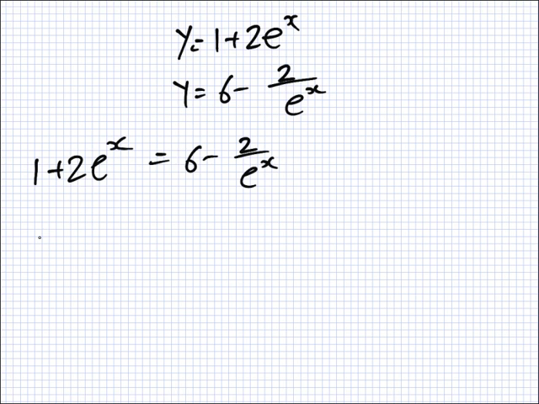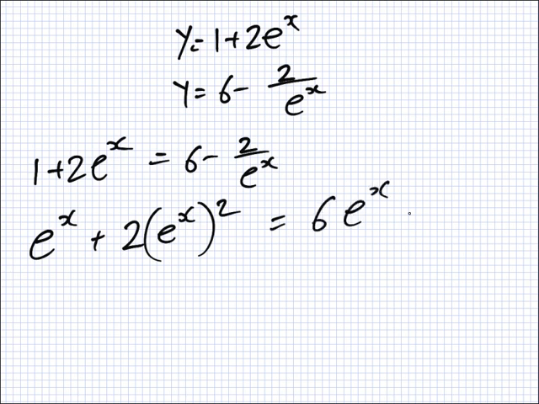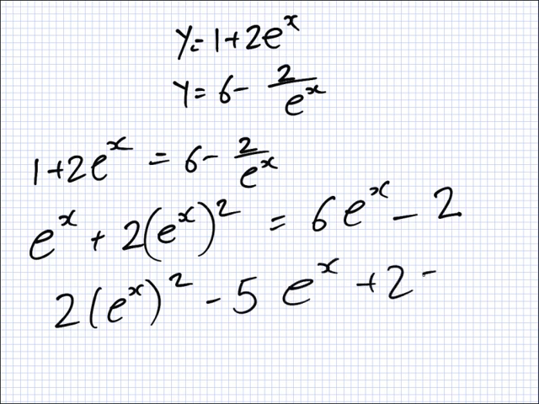So we get e^x plus 2(e^x)² equals 6e^x minus 2. Now let me take everything to the left: 2(e^x)² minus 5e^x plus 2 equals 0.